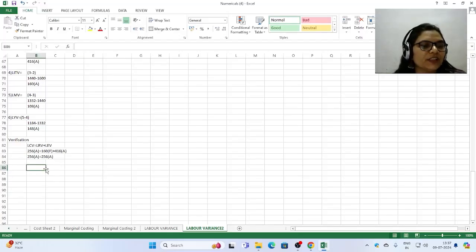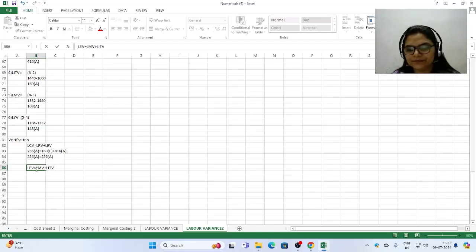Next variance, you have to calculate labor efficiency variance. Labor efficiency variance is equal to labor mix variance plus labor idle time variance plus labor yield variance.